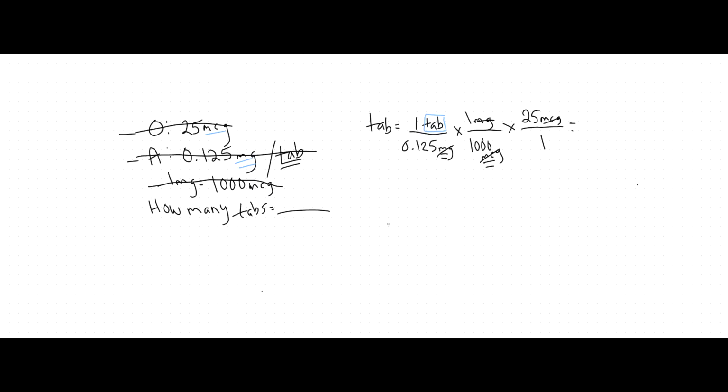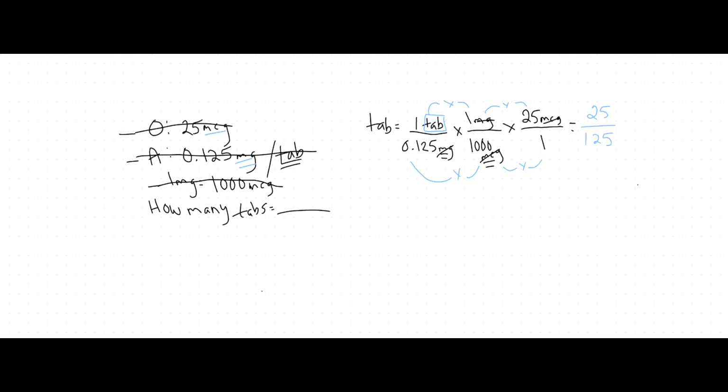So 1 times 1 is 1 times 25 is 25. Then 0.125 times 1,000 should be 125. Yes. And then times 1 is going to be 125.